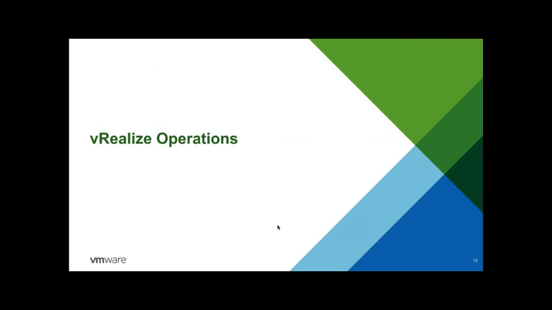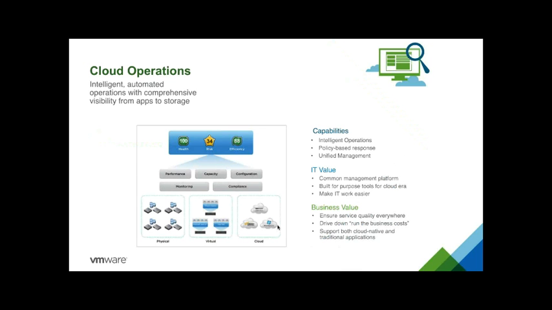So I just want to quickly also cover briefly the two other areas before we look at how everything comes together. The operations side of things is key. And when I talk about operations, think of this as your traditional kind of monitoring platform, but with an awful lot more detail.